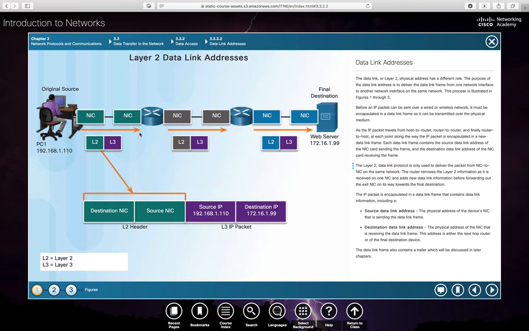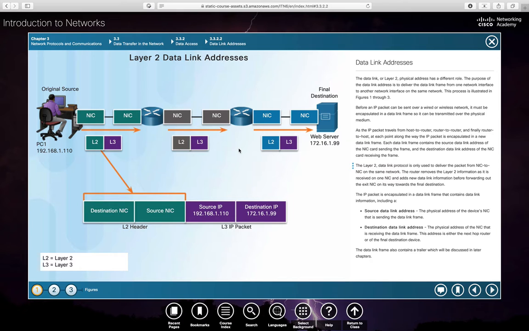This router will strip off the layer 2 headers and examine the IP packet to determine what network it needs to go to. In this case, this router decided that the packet needed to go to this router, so it will stick a new layer 2 header with the source address being the MAC address of this interface on the router and the destination being the MAC address of this interface on the next router.